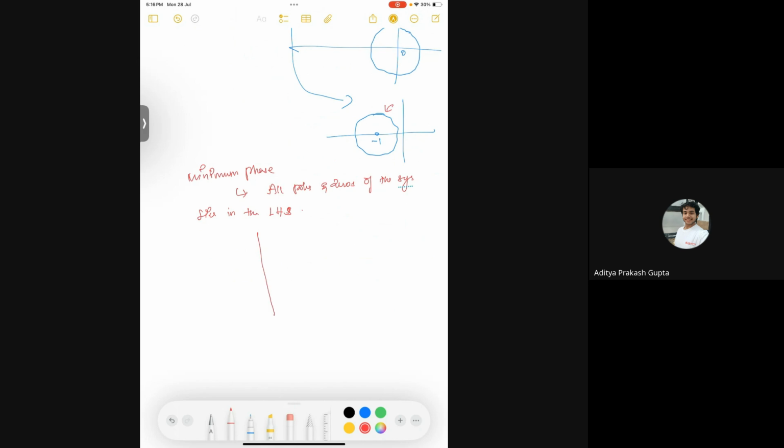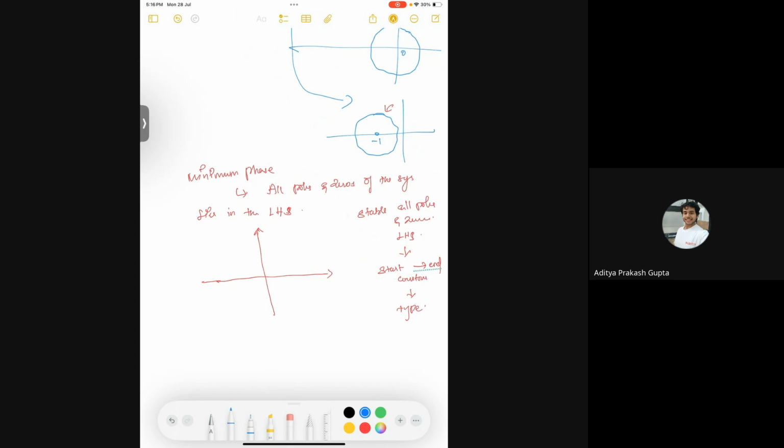So if you consider this quadrant, like this graph, for a stable system that has all poles and zeros in the left half of the S plane, it depends on where the contour will start and where it ends. It depends on the type of the system.